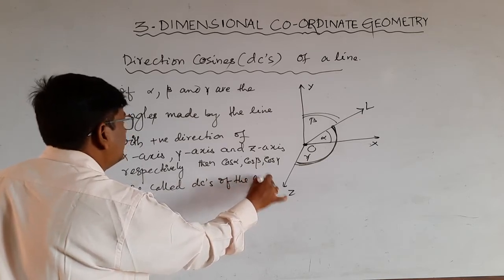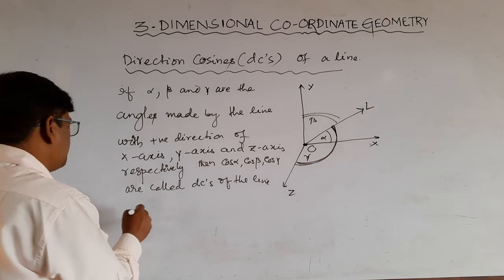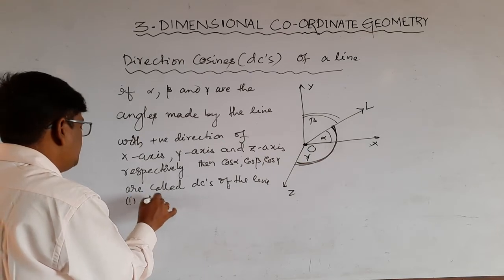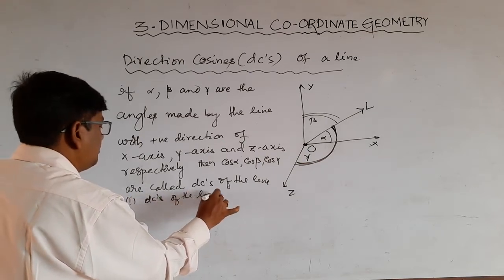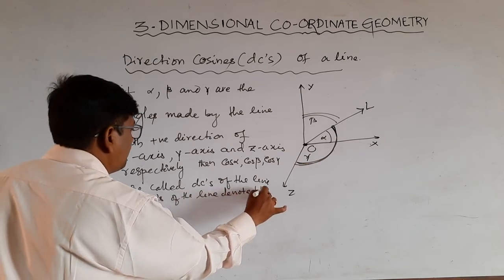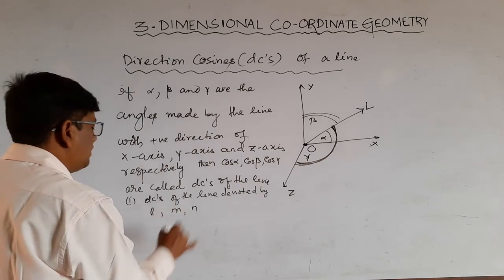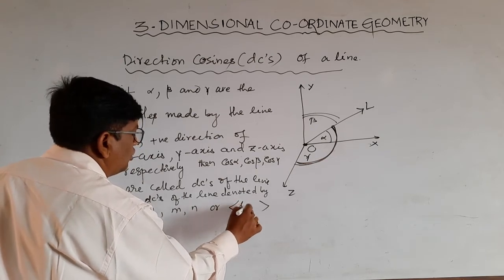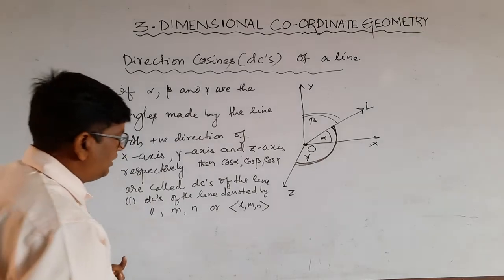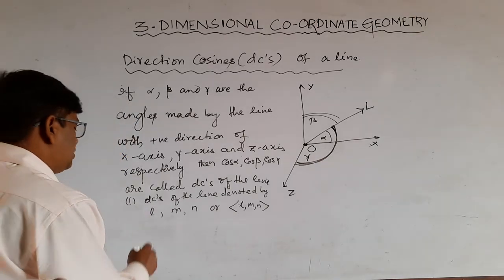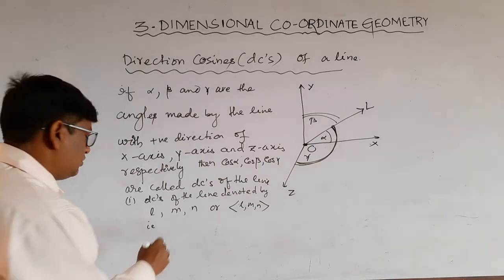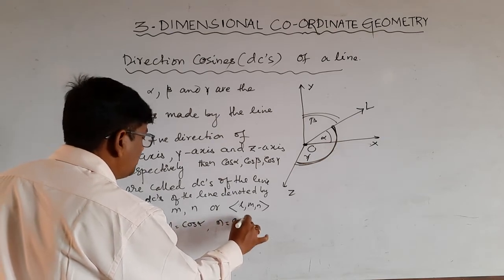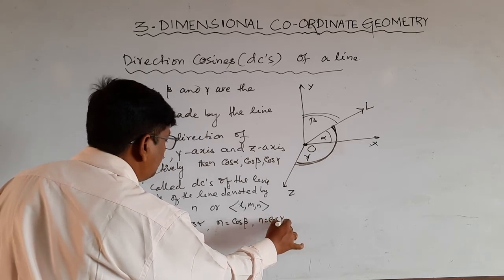DCs of the line are denoted by l, m, n, in sharp brackets, not common brackets. Here l is equal to cos alpha, m is equal to cos beta, n is equal to cos gamma.